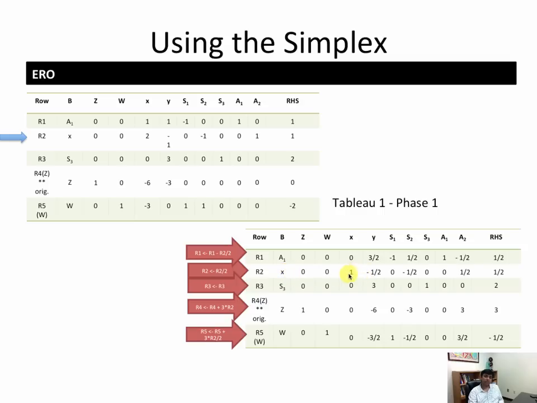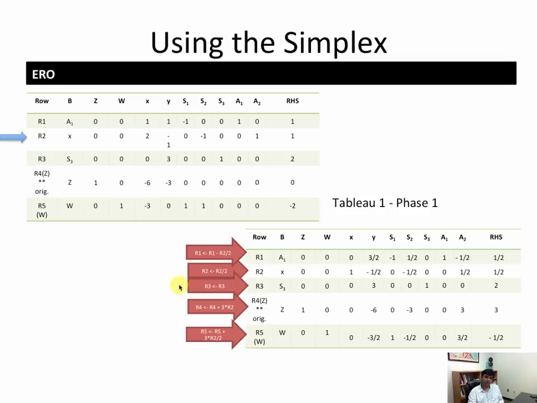Except row 2, all these values in each row should be 0. So in row 2 I can work with R2, in row 3 I can work with R3 and R2, in row 4 I can work with R4 and R2, in row 5 I can work with R5 and R2.